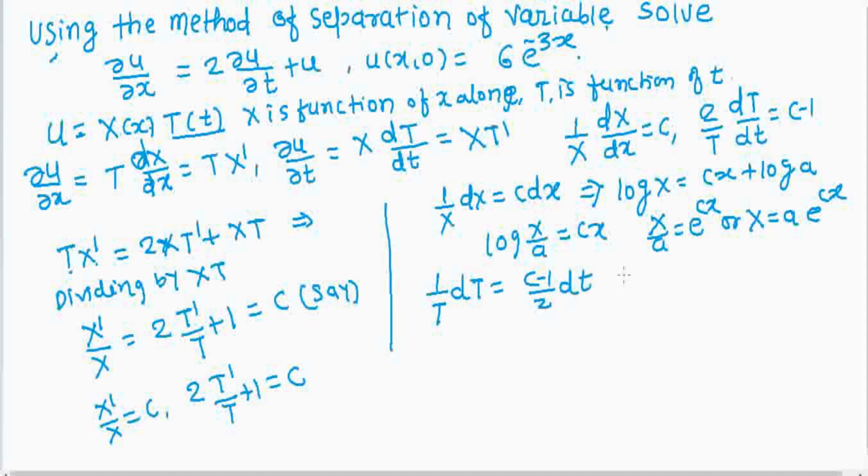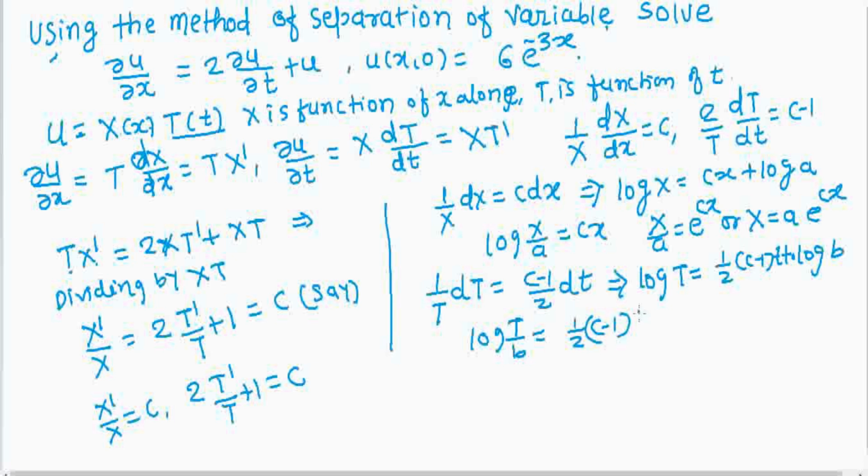Now again integrating, integration gives log of T equal to 1 by 2 into (C minus 1) plus log of B, the integrating constant. Then log of capital T divided by B equal to 1 by 2 into (C minus 1) into t.